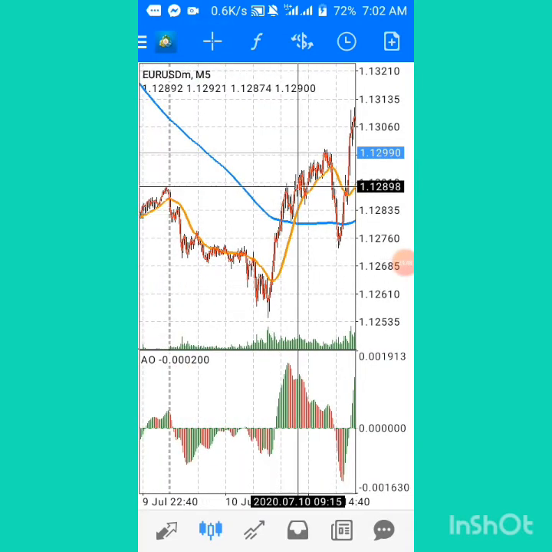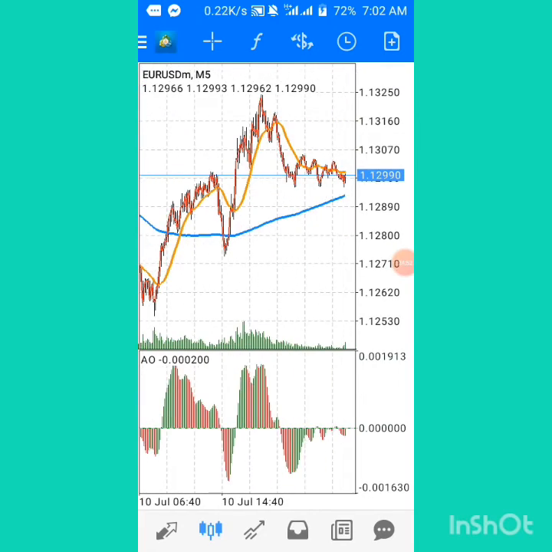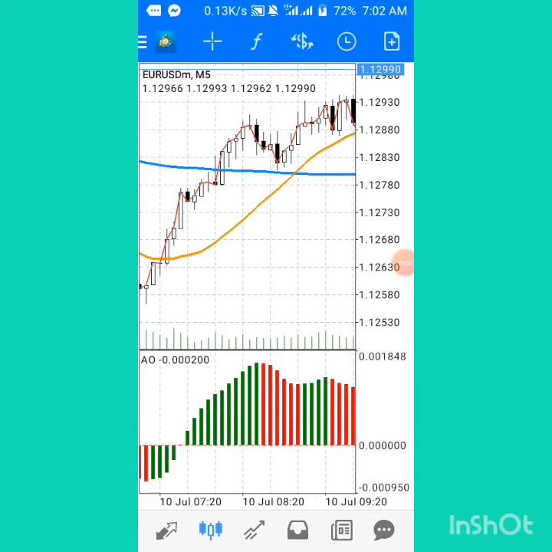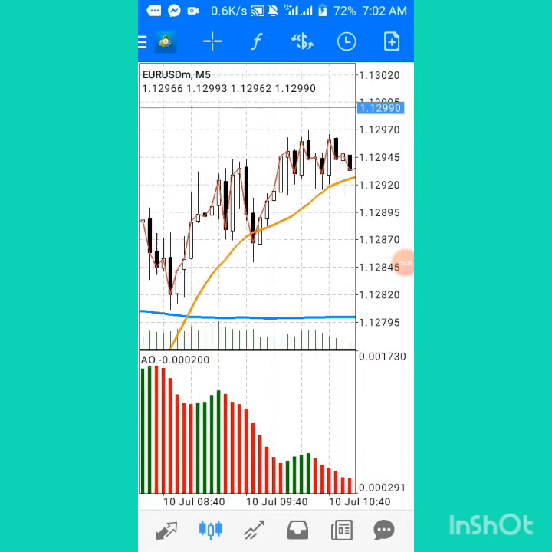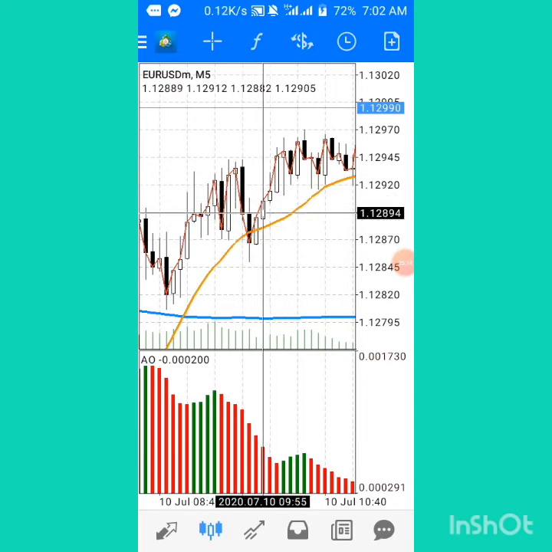Now, that's not just your guide. You allow price to also go above the orange line. I have the 1 linear weight moving average crossing above the blue line, and also bouncing on the orange line here. So you allow price to bounce on the orange line for you to buy Euro USD.